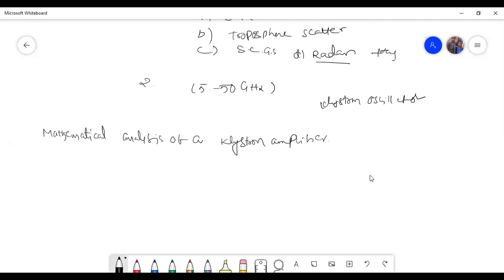Here, first I want to get the formula for the velocity modulation process.